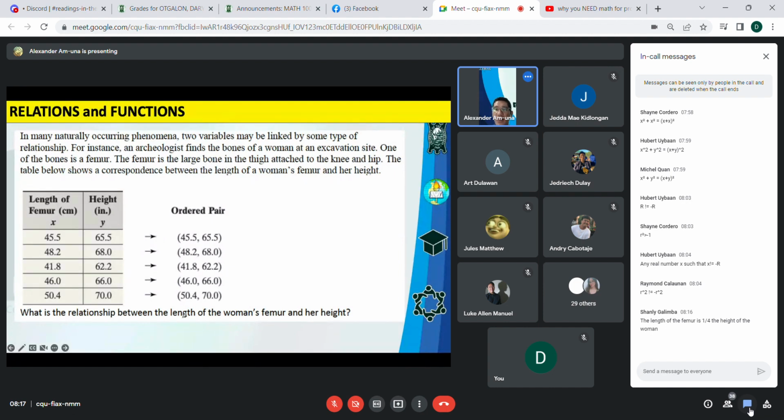So you say x is equal to, how do you represent 1/4 of the height? What's the variable for the height? It's y, right?